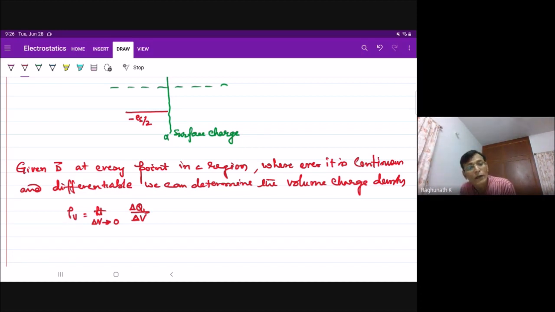Correct? The delta q is present in the differential volume, definitely any standard differential volume in any coordinate system, inside a closed surface, right? Imaginary closed surface.